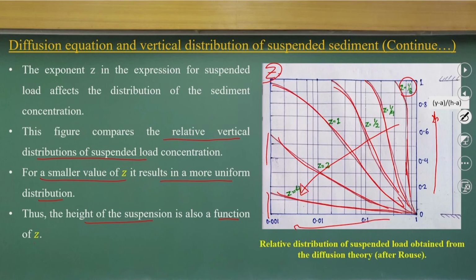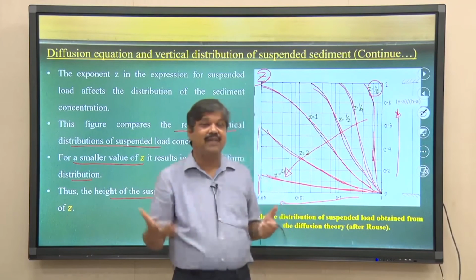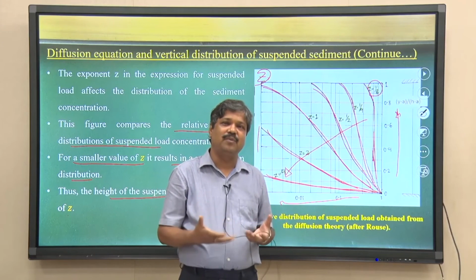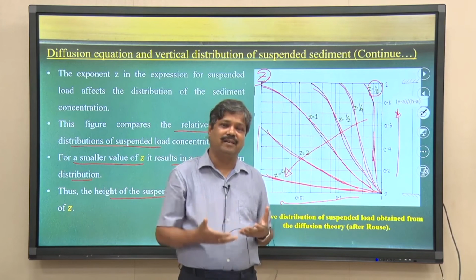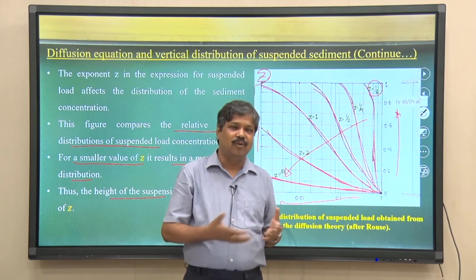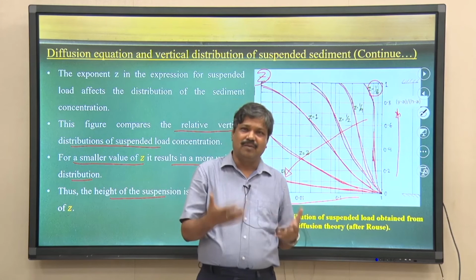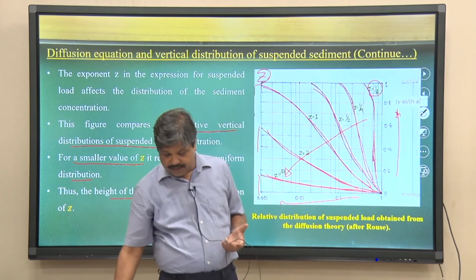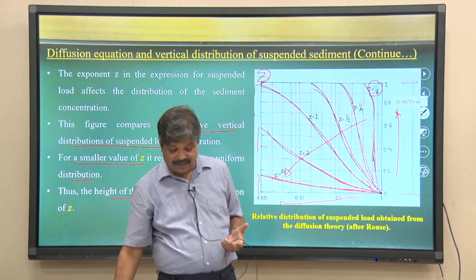When Z is very small, we will have a uniform sediment distribution, but when Z is larger, you will have a much smaller height of suspension, and a distribution like this. So, these are very interesting things. The same can also be used for sand particles in the air; the concept is the same, only the data will change.